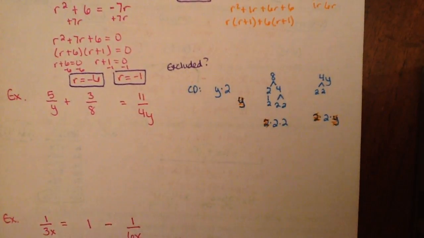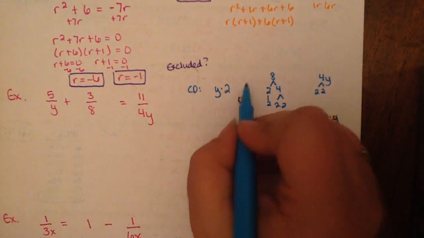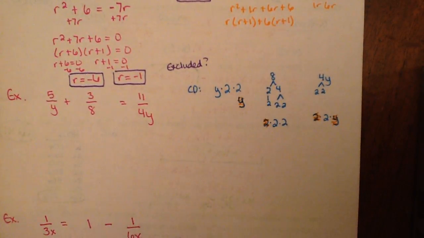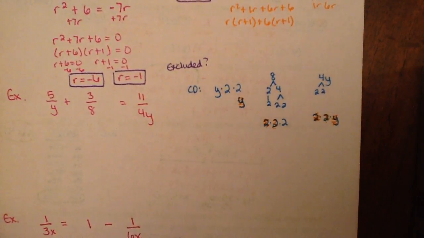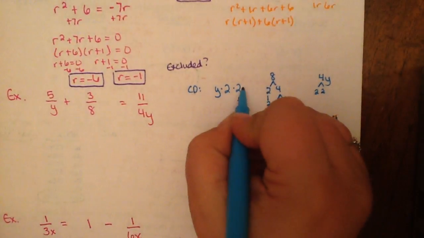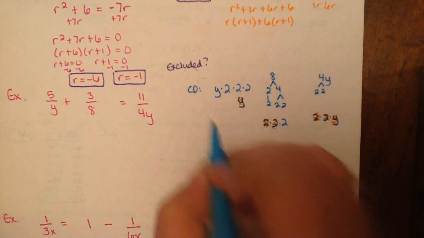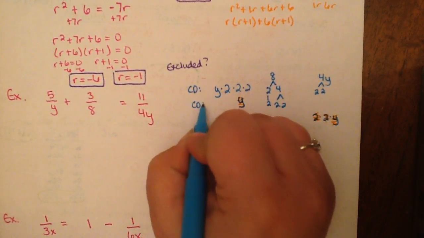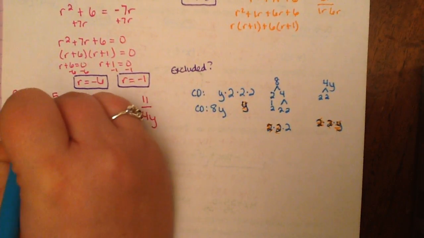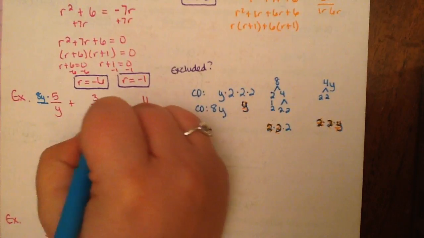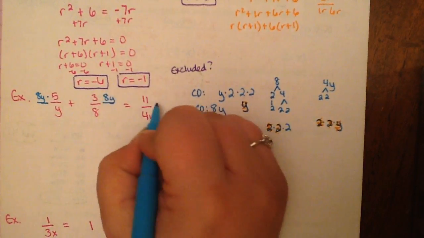This one doesn't have any 2's. Now again I have a 2. So now I'm going to scribble out a second 2. Looks like the only thing I have left is another 2. So 2 times 2 times 2 times y, so my common denominator is 8y. So every term gets multiplied, numerator only, by 8y.